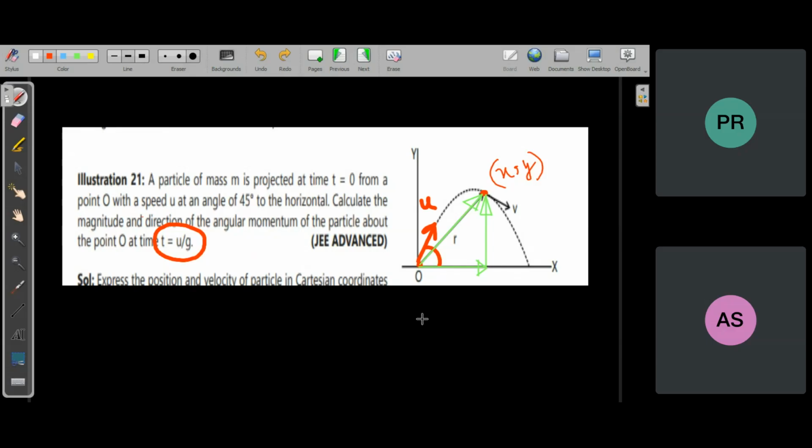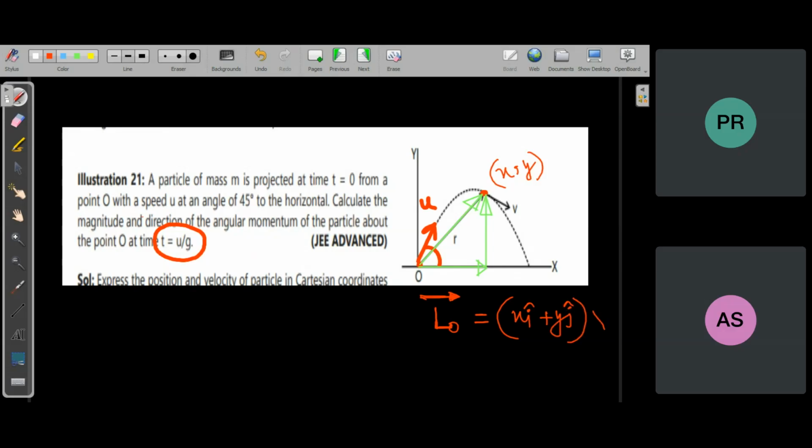Once you have x and y, the angular momentum about point O is very simple. Angular momentum about point O will be simply r cross p. You can write the r vector as x i cap plus y j cap, and x and y you will get by the equations of motion.